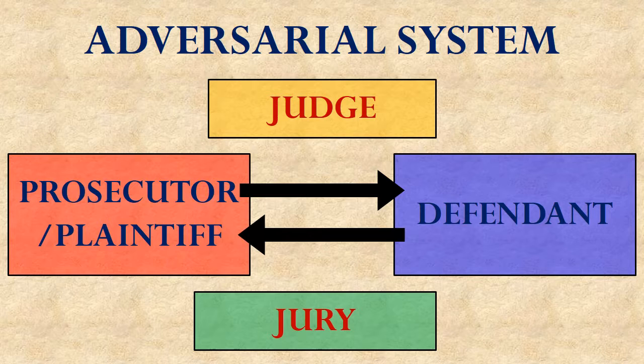And on the other side we have a defendant who is saying that they didn't do the bad thing. Now, whether it's a criminal law case or a civil law case, the person who's accused of doing the bad thing will be called the defendant. But in the criminal case, the accuser was called a prosecutor. So in the civil law case, they're going to be called a plaintiff.